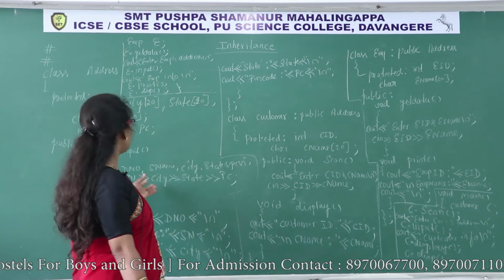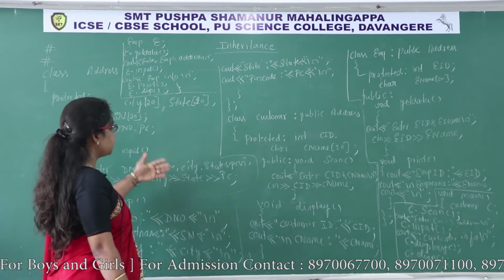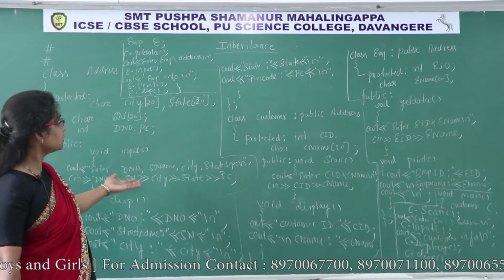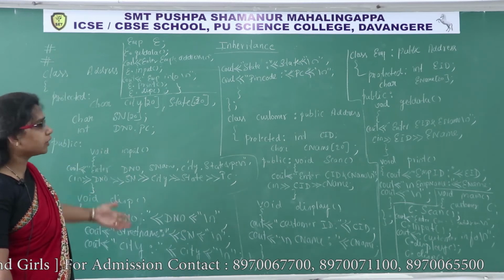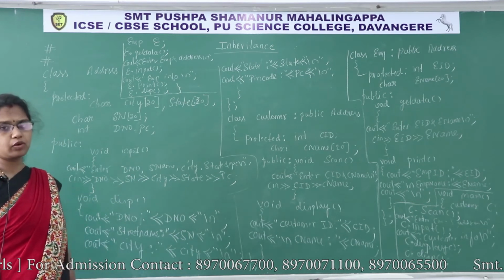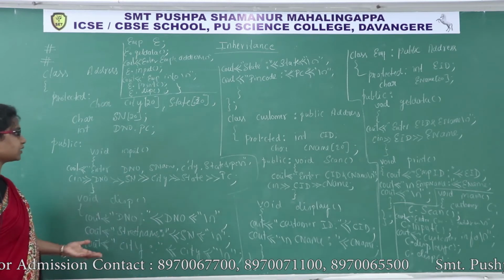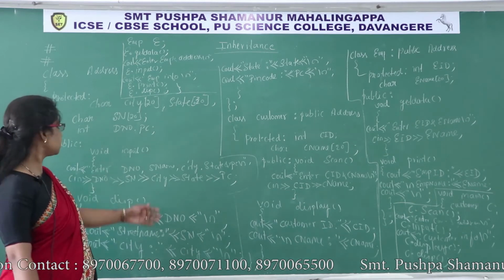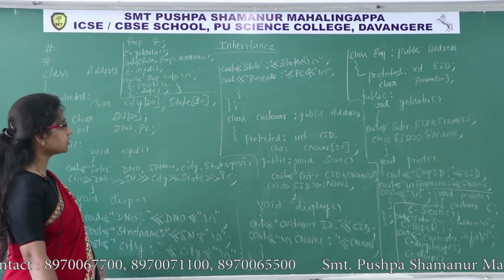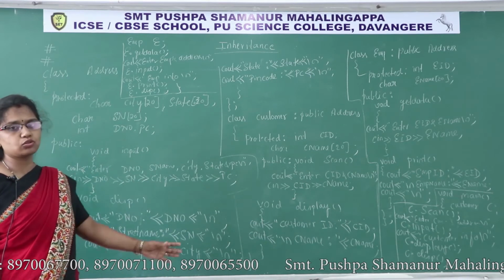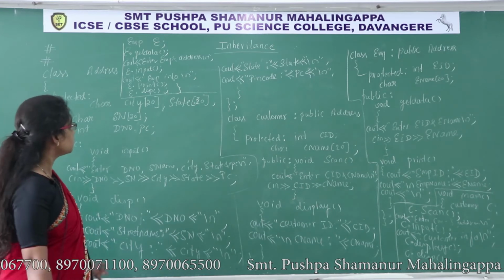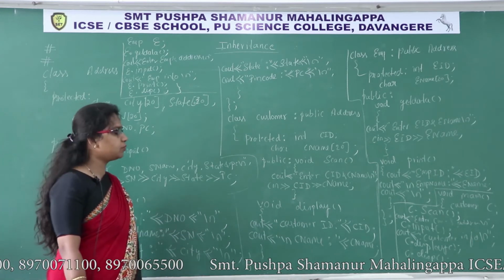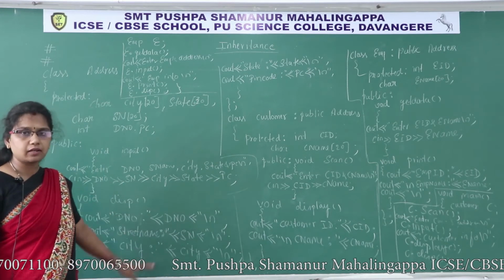These two classes make use of these data members and member functions. So by this inheritance we can reduce the memory space, program complexity, and save time, because it is already there in the base class and we just inherited it to these two classes. Understood? So this is the typical example for hierarchical inheritance.